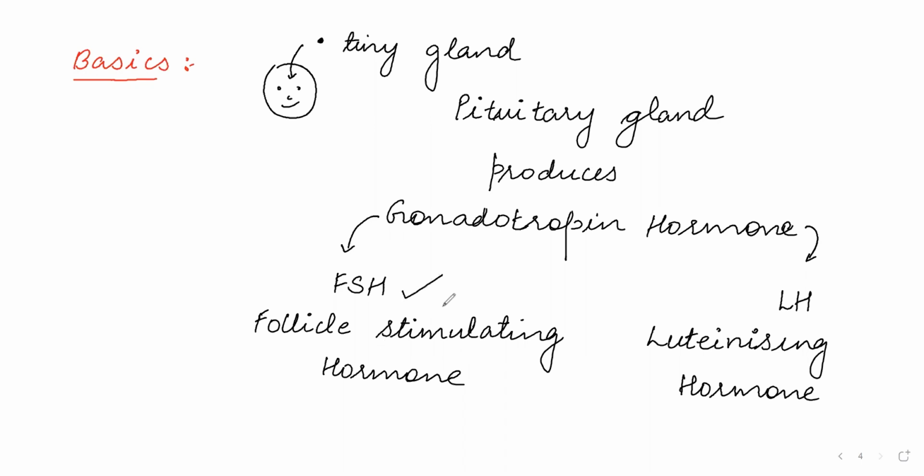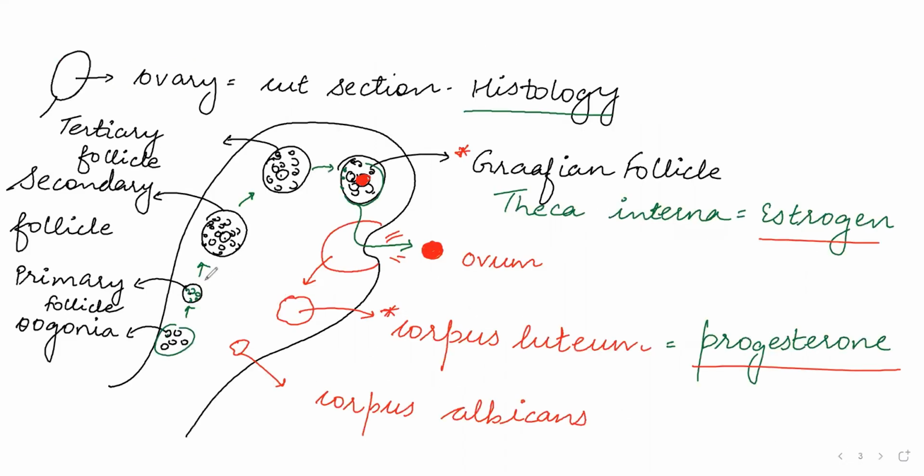So this FSH, when it is released from the pituitary gland, is responsible for converting the primary follicle into secondary follicle, then converting the secondary follicle into tertiary follicle, finally into Graafian follicle. So see, that's how the naming is kept. FSH, follicle stimulating hormone. It stimulates the primary follicle and says, come on, grow into secondary follicle.